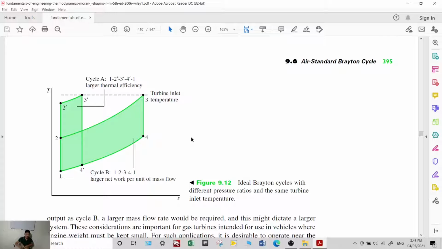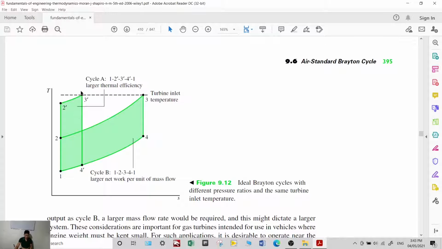Okay, for figure 9.12, we have two different cycles. You have cycle A and cycle B. Now, this is cycle A. This is cycle B. We have discussed that if the pressure ratio is large, it will result to a higher thermal efficiency. So, for cycle A, mas taas ang iyang pressure ratio. No? Makita sa graph.